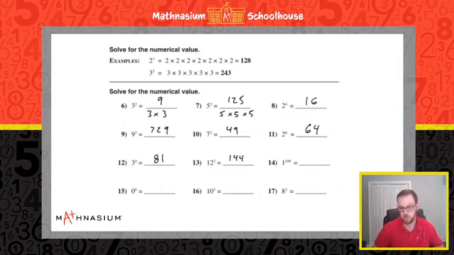And for number 14, it's an interesting problem. We have 1 to the 109th power, which means we have 1 times 1, 109 times. So what if I asked you what 1 times 5 was? We know that that is what?